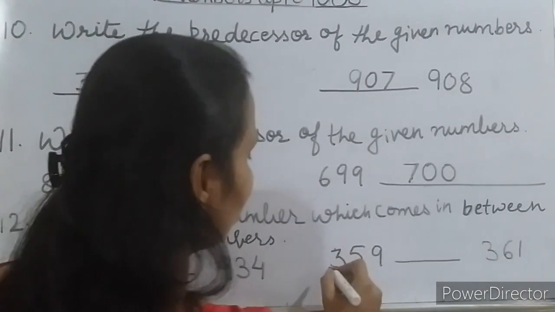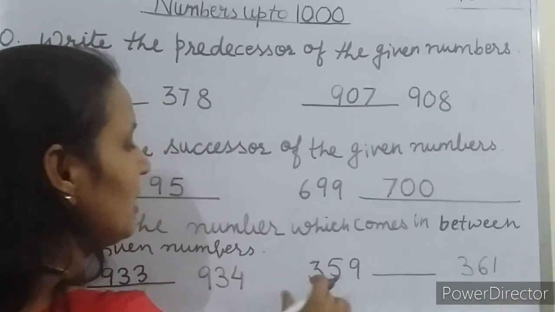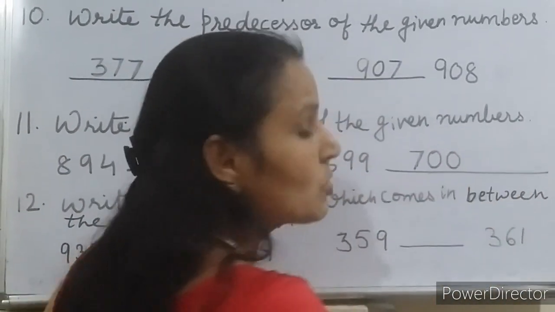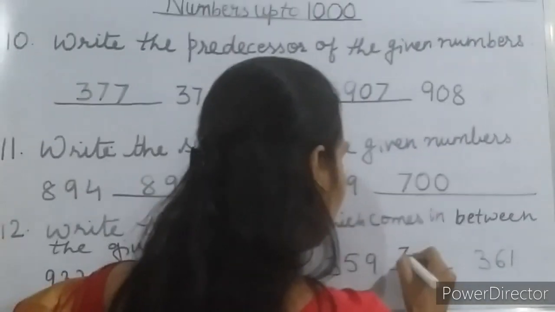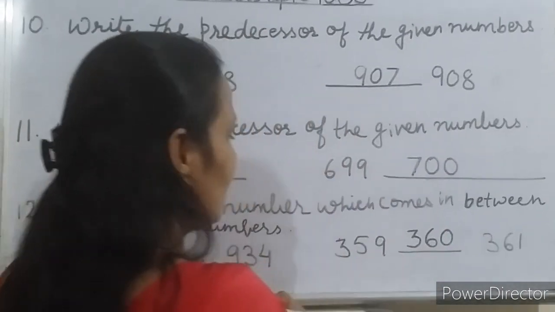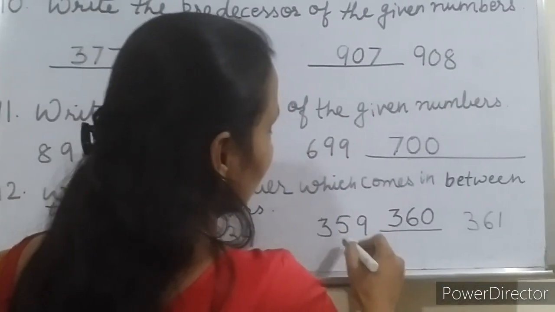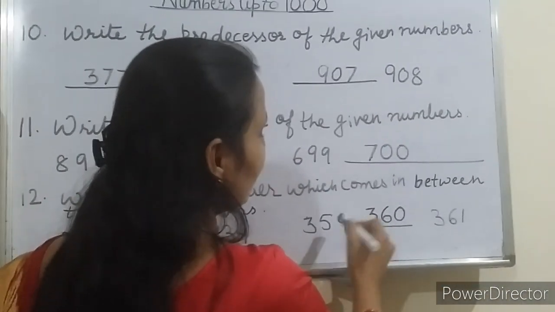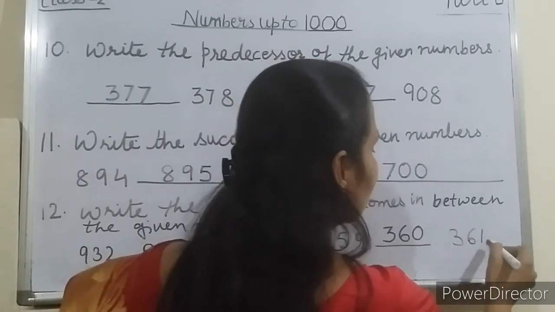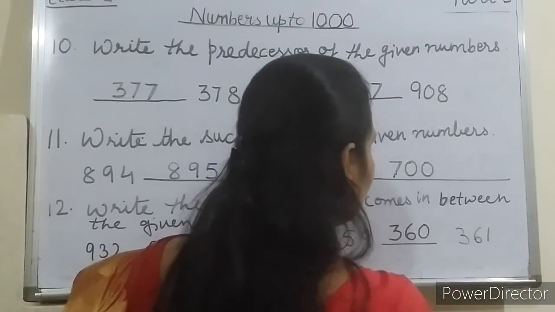Here 359. What comes in between 359 and 361? Yes, very good, 360. See, the successor of 359 is 360 and the predecessor of 361 is 360.